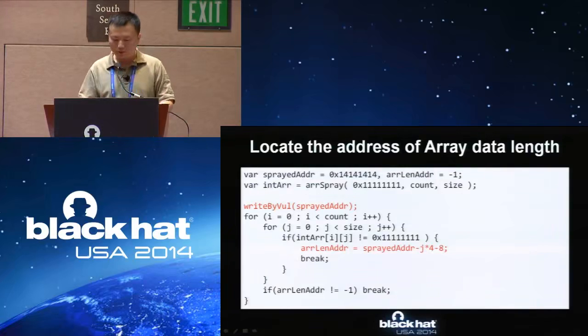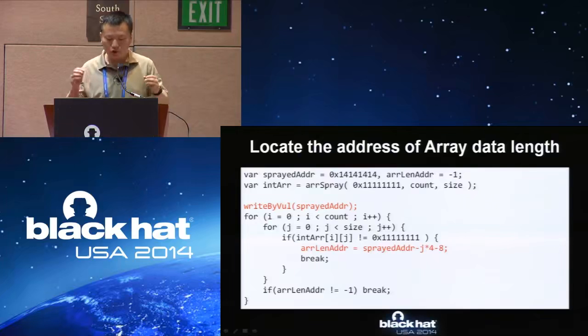Locating array data length is very similar to locating BSTR length. Just write a sprayed address, then check each number value, find out which one was changed, and calculate the offset to the initial of the array. And then we got it.